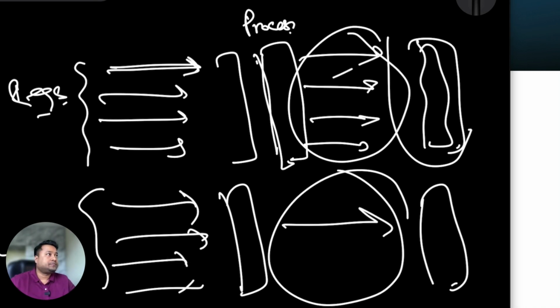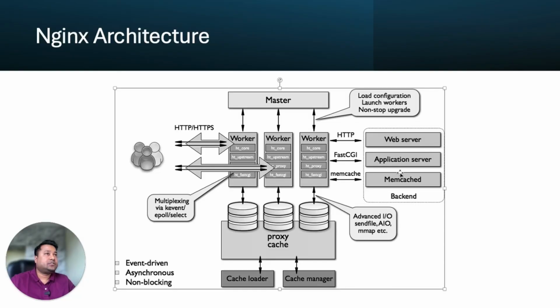Now, all right, guys. So we discussed this, the whole architecture. From the beginning of this lecture I have been telling you that it has the worker process, this whole ecosystem.